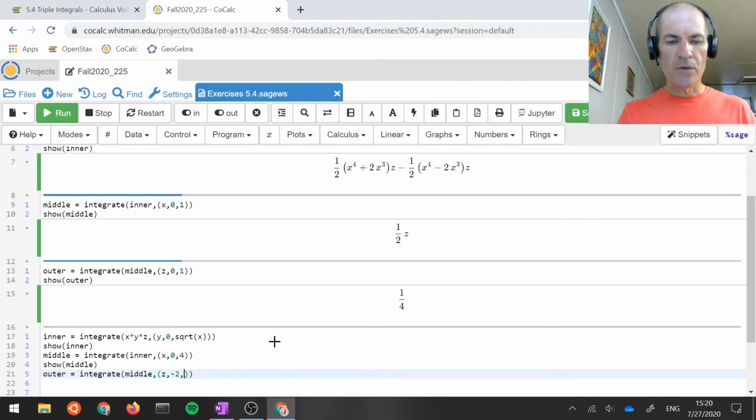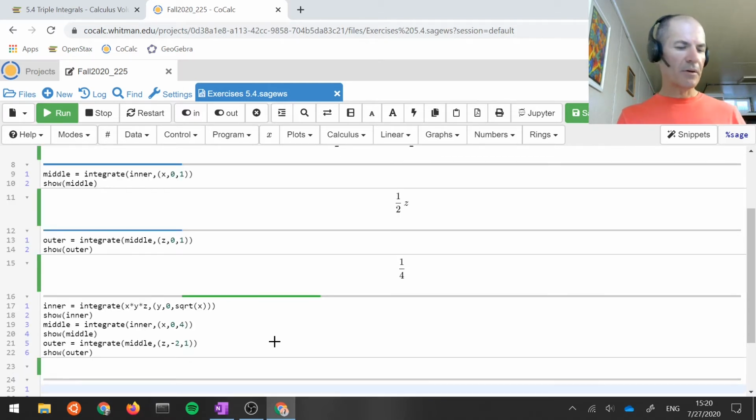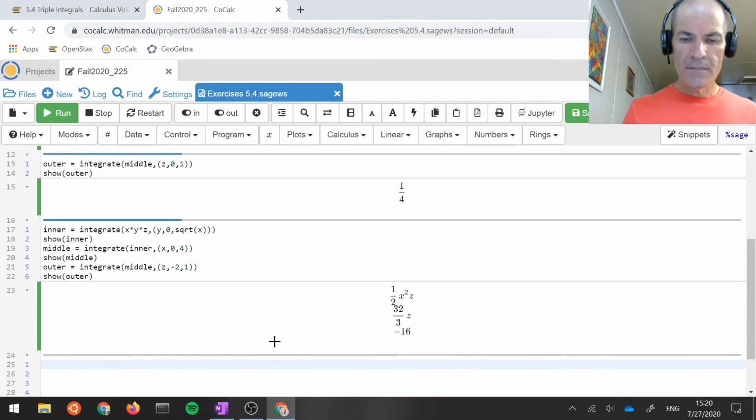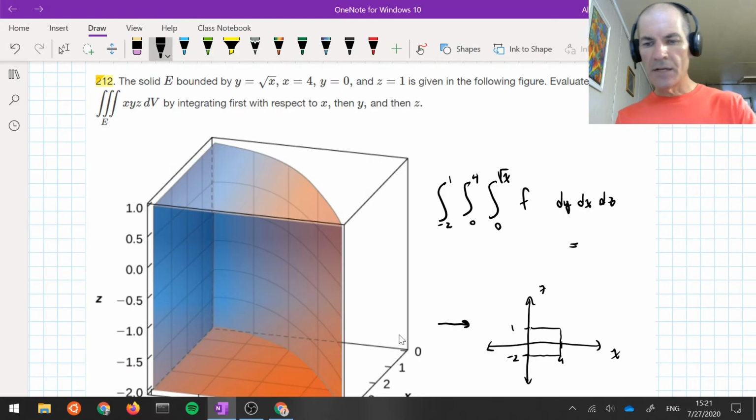Sorry, -2 to 1. And let's show that result. So in this case, all we really care about is the outer. So we can see these intermediate results. If you were to do this by hand, this is what you would get for the inner. This is the middle. This is the outer. In fact, this looks like it wasn't that complicated, and maybe this is a good one to practice by hand. Net result, minus 16.